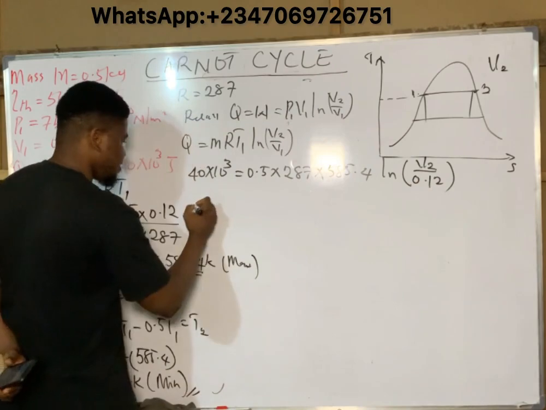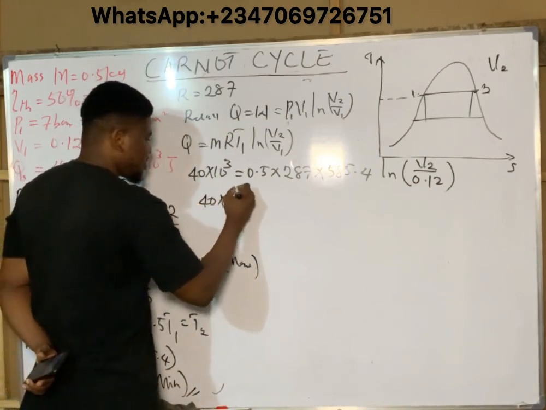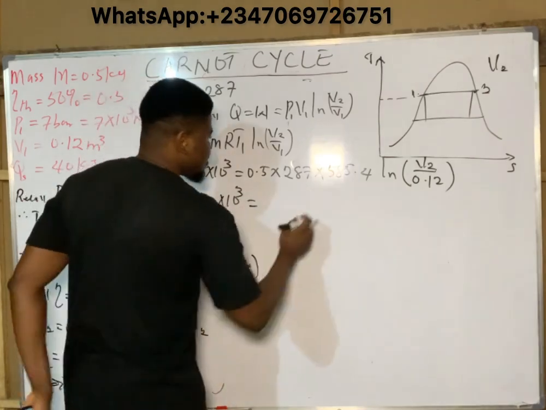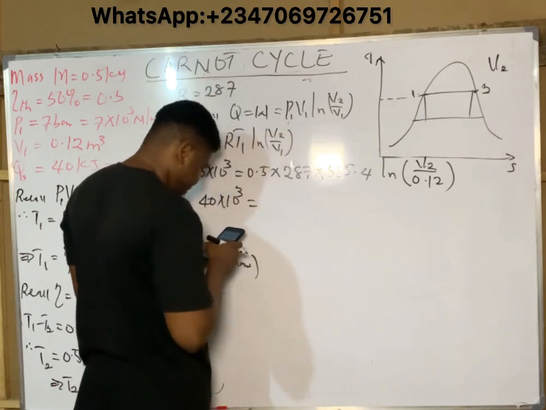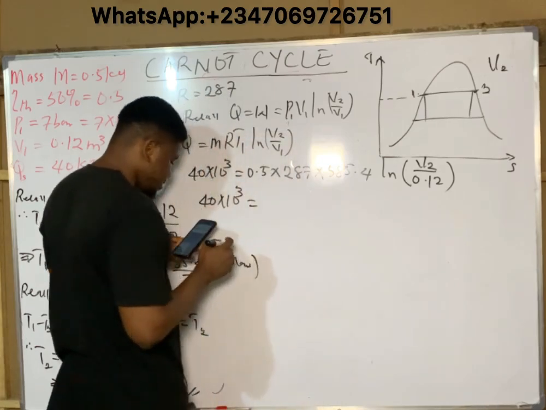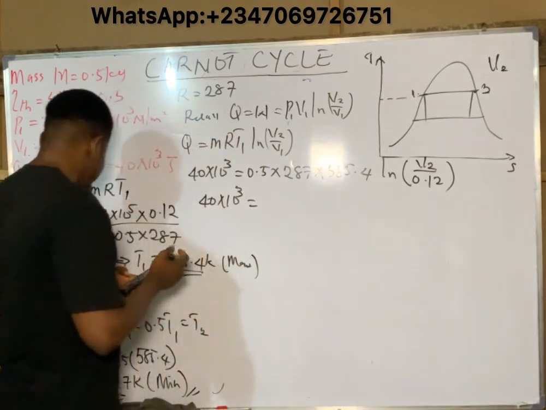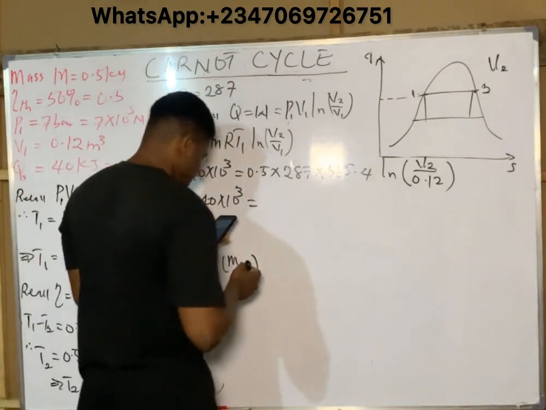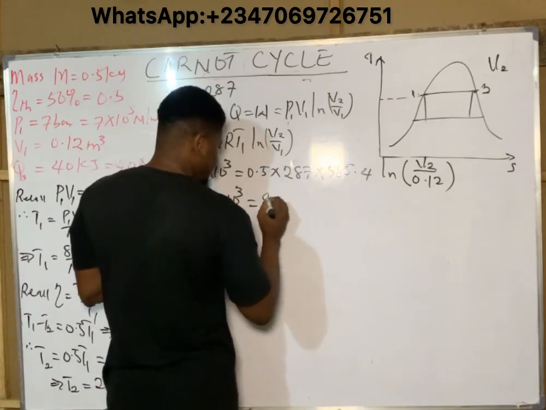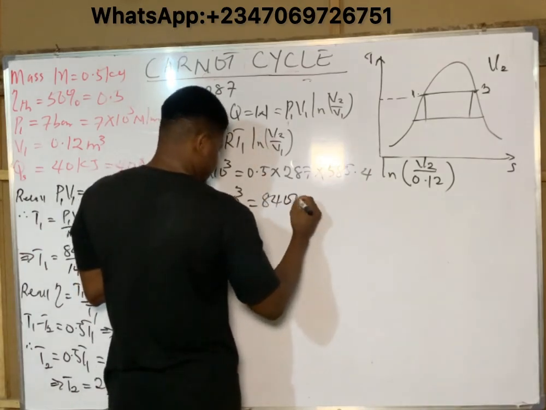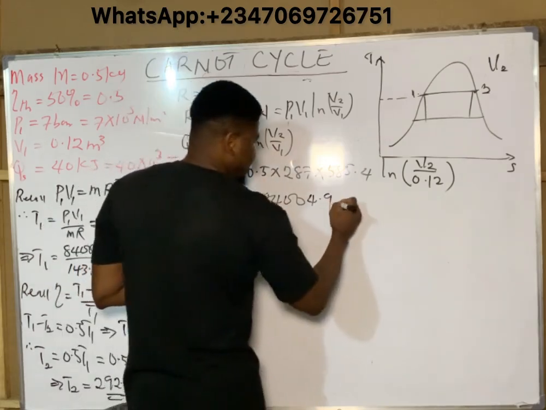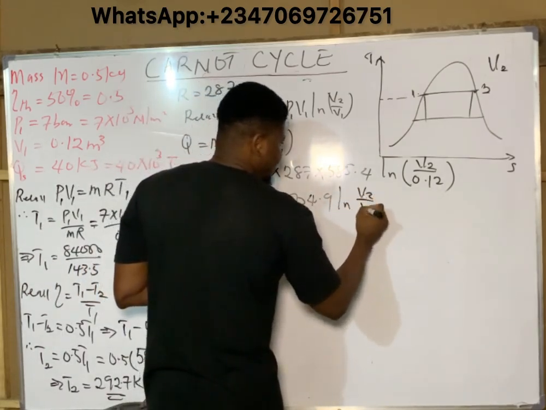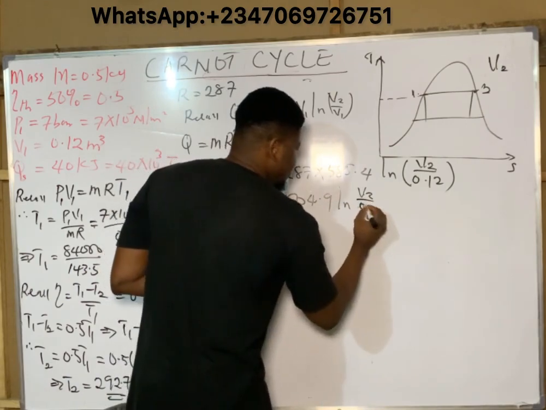So 40 by 10 to the power of 3 is going to be equal to, let's get all this multiplied together, 287 times 0.5 times 585.4. That product gives us approximately 84,000, so that gives us 84,004.9 due to fractions, times ln V2 over V1, where V1 is 0.12.